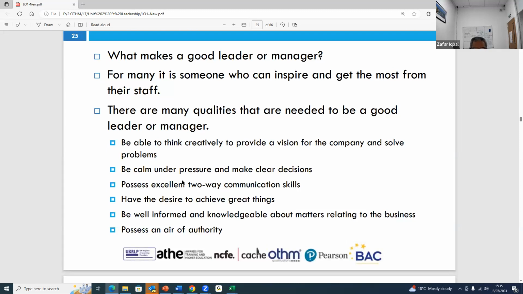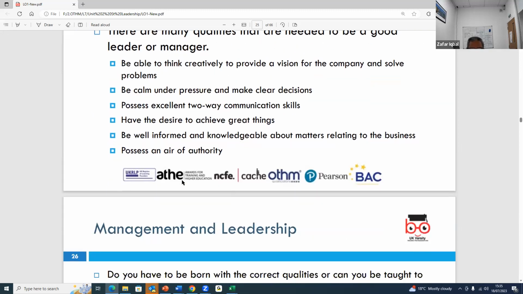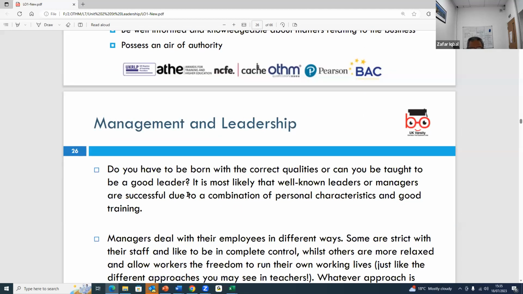Possess good communication skills, make sure that you achieve what you try to achieve, possess good authority and good knowledge, and make sure that you have a good relationship with other people and are knowledgeable about the matters. And make sure that you carry these qualities with you, because leaders, as they say, are made, not born, or born, not made.